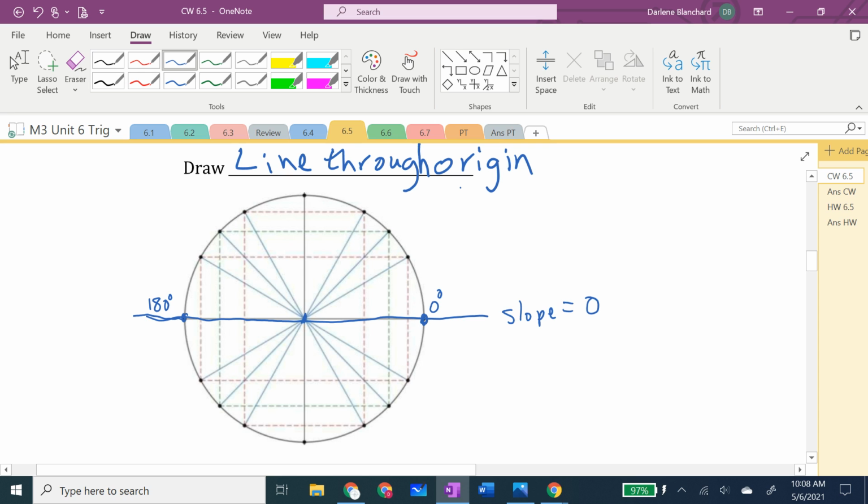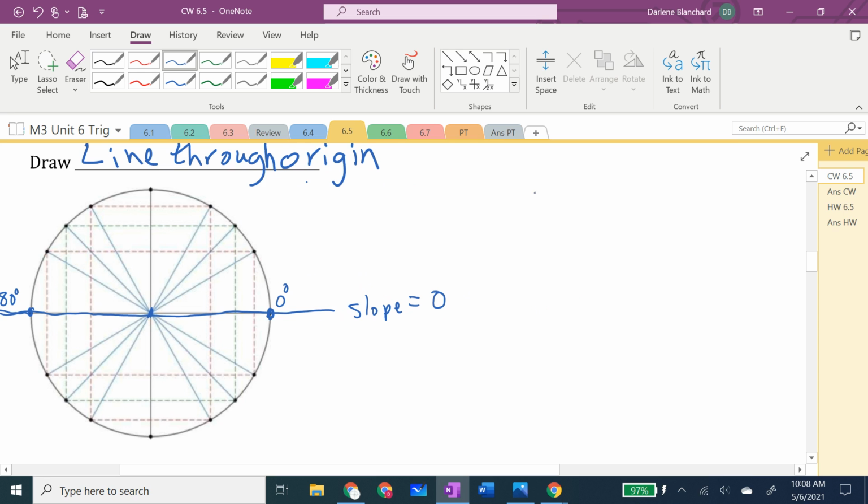The tangent of 0 degrees is 0. The tangent of 180 degrees is 0. So if you are asked, what are the angles where tangent of that angle is 0, as long as it's between 0 and 360, as I was saying before, 0 and 180 degrees would be your answer.